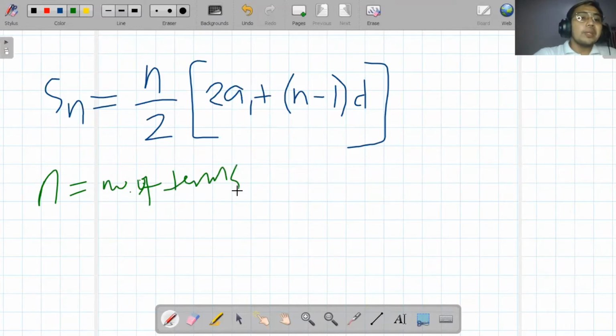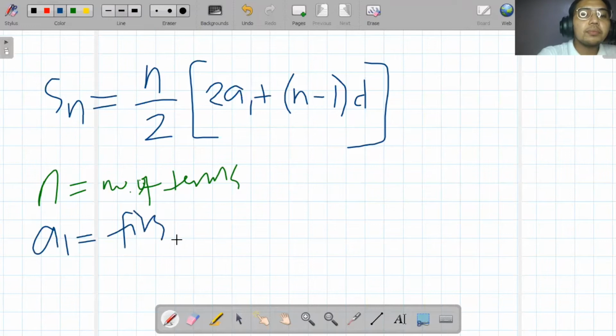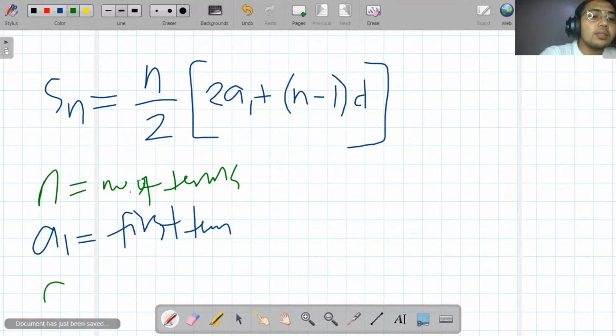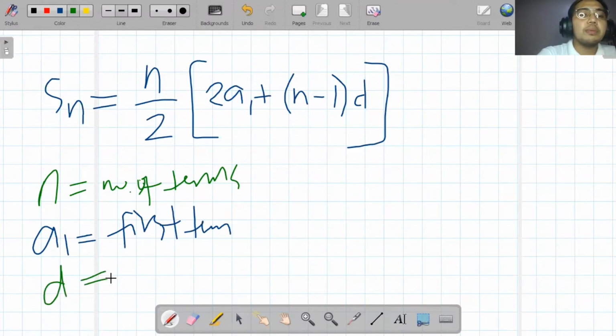Next, you also need a sub 1, or the first term, and then also the common difference. So there should be a common difference as well. You can use this formula if you have the number of terms.